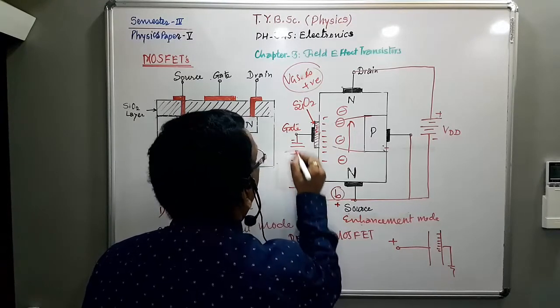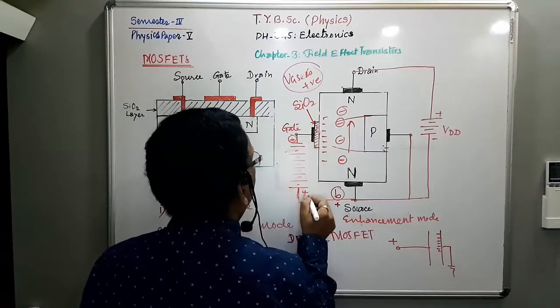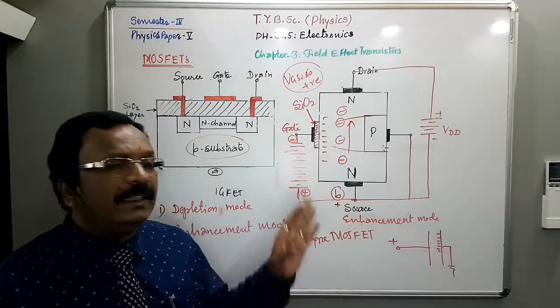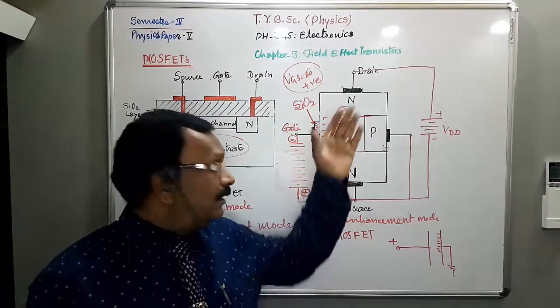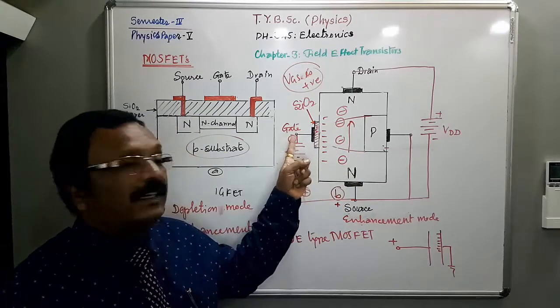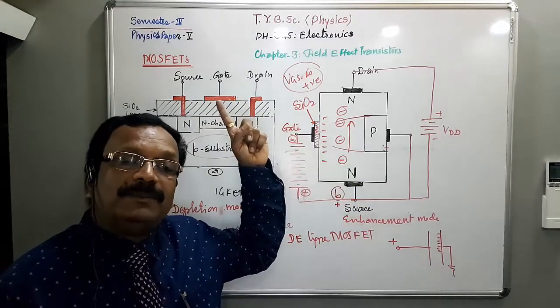In this way, here positive and here negative charge. Here also the same thing happens. This is a depletion type N channel MOSFET with negative gate voltage. In enhancement mode there is positive gate voltage.